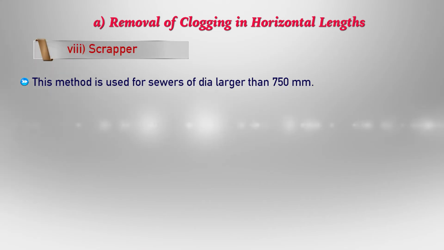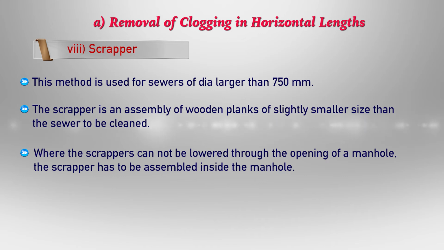Now, we move to another device, that is scraper. This method is used for sewers of diameter larger than 750 mm. The scraper is an assembly of wooden planks of slightly smaller size than the sewer to be cleaned.